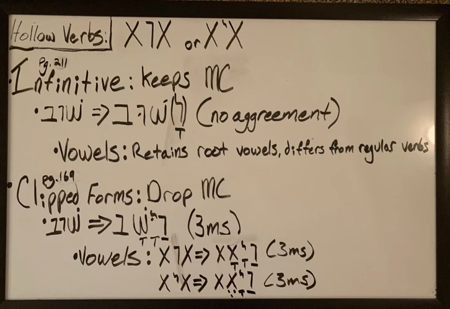So that's how we pronounce those. With pronunciation, it really helps because sometimes the vowel markers can be a little bit ambiguous, but the pronunciation can be a little bit more straightforward. So I recommend working on pronunciation in order to help remember the sound that these different forms are going to take, because it's going to be a little bit easier if we can remember how they sound. So that is all we're going to do for hollow verbs.